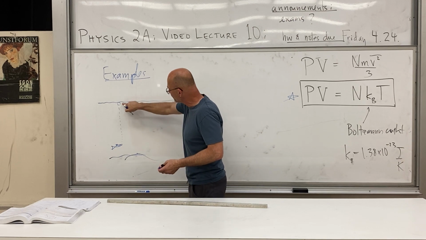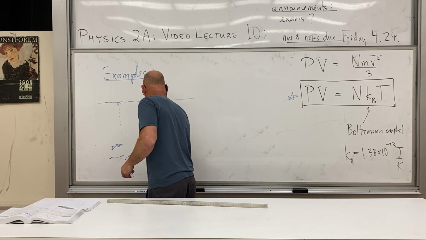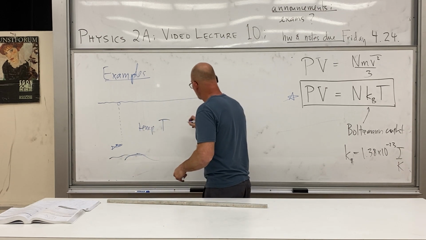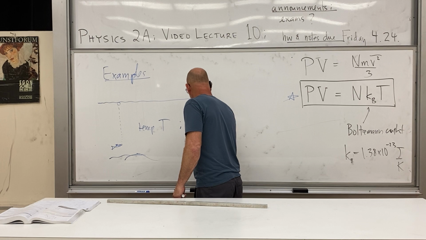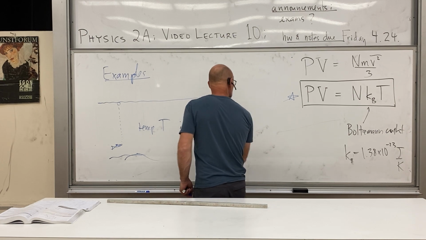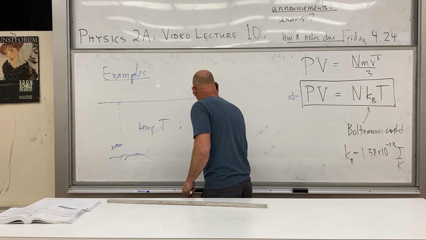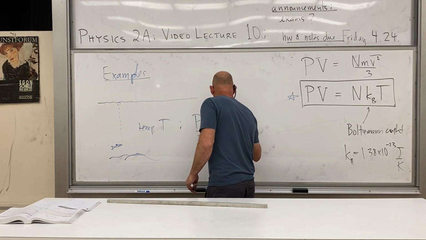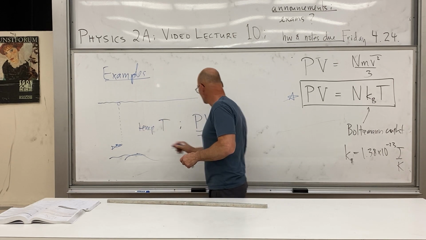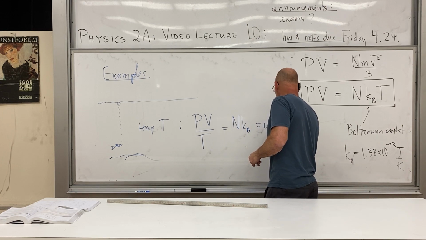right? Higher pressure, lower pressure. And just suppose the temperature is T in Kelvin. Then what we can do with the ideal gas law is say PV over T is equal to the number of particles in the bubble times Boltzmann's constant, which is a constant.